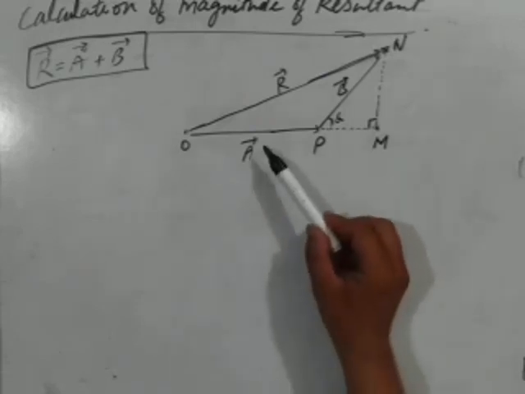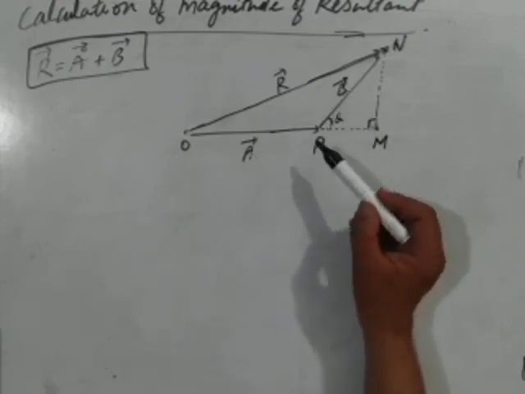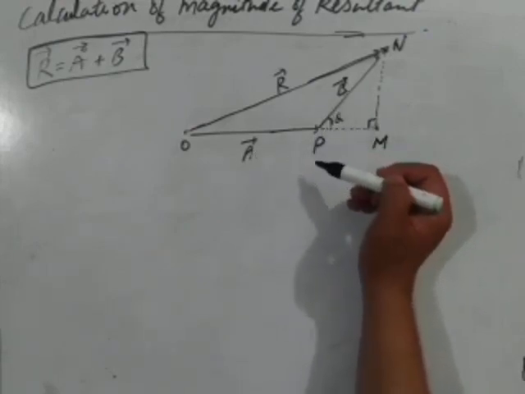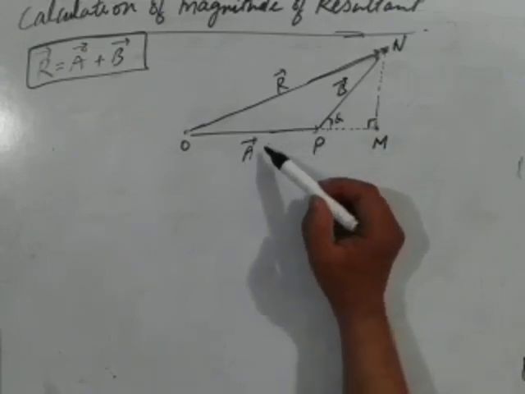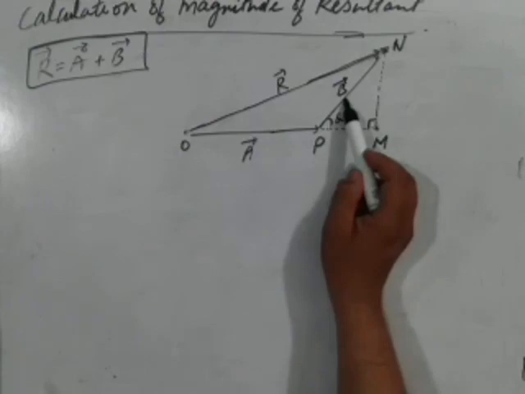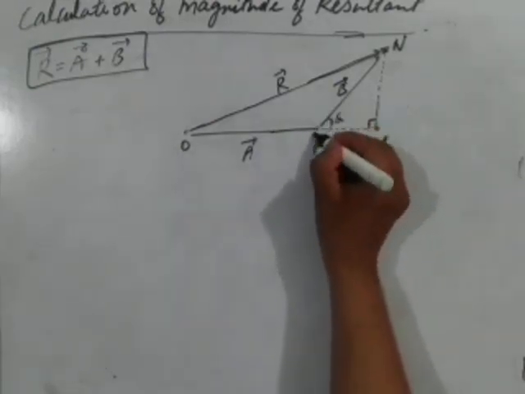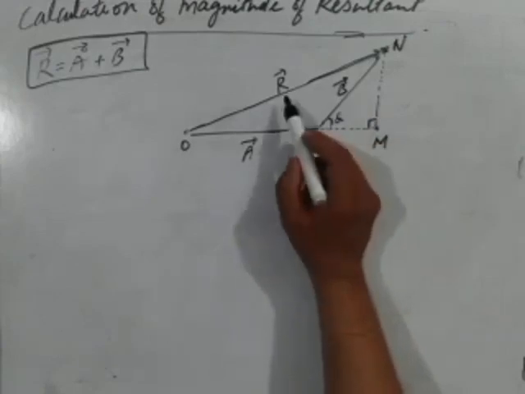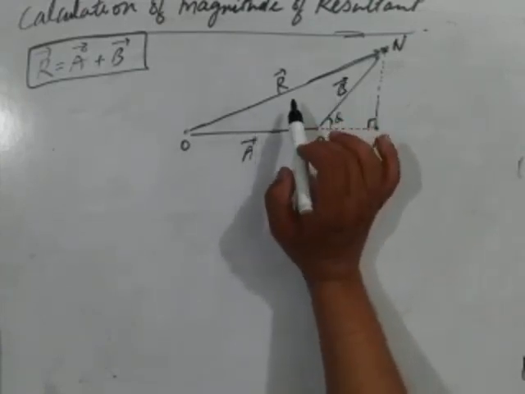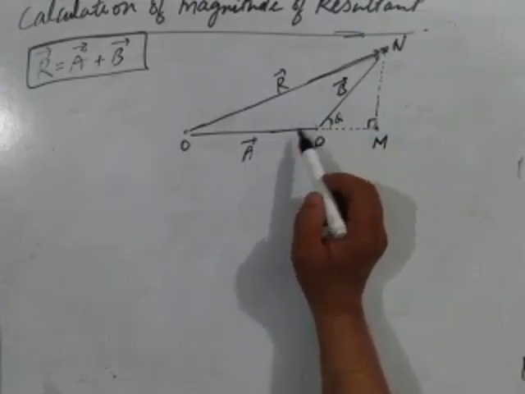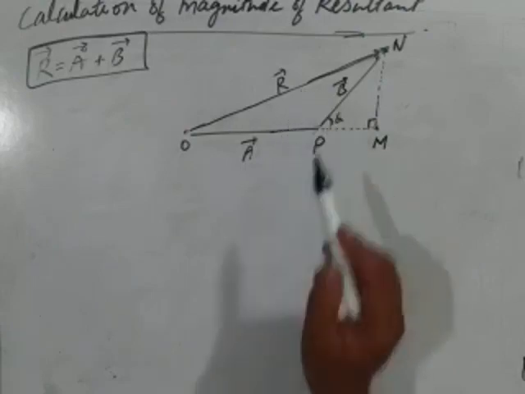So if A and B are the two vectors which apply at a single point, then the effect shown by both of them is represented by this single vector R, which gives the same effect as these two have given in the combined form.